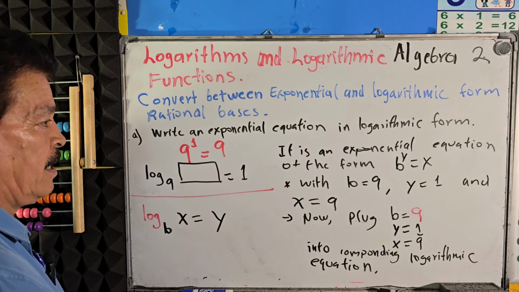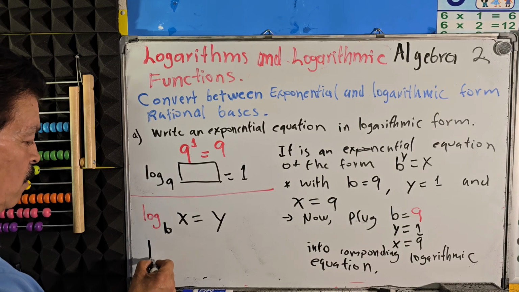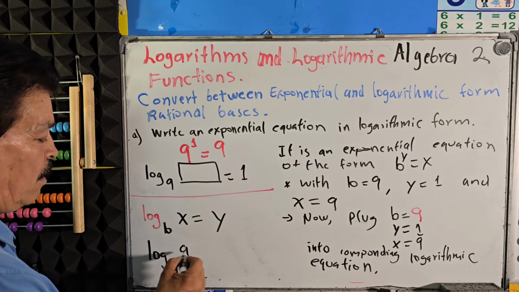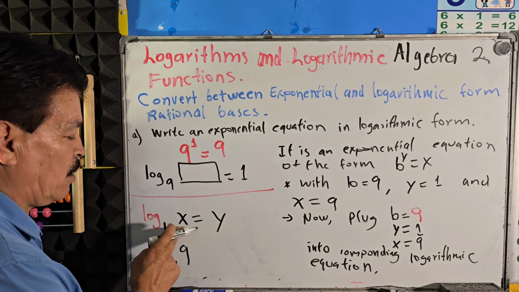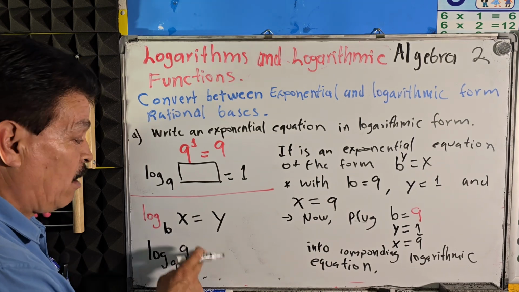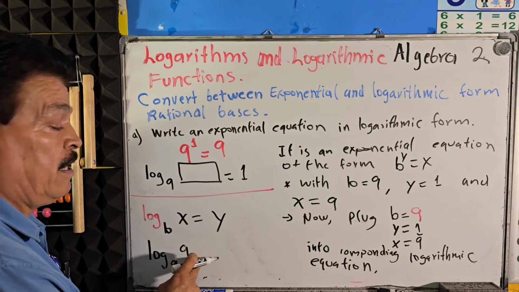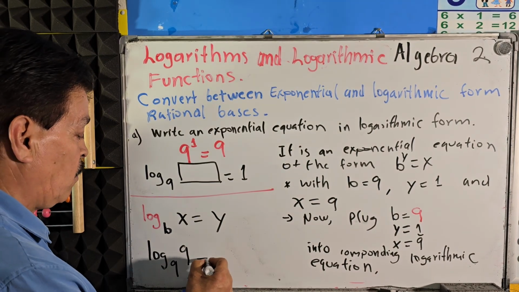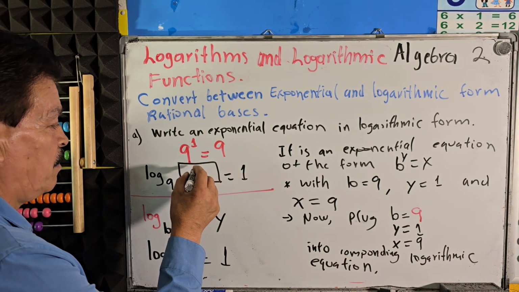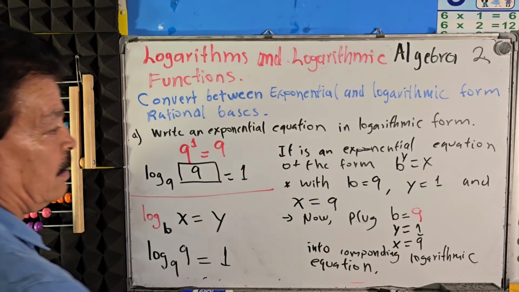So write the formula that I explained before. Now we will have log of x with the base b equals y. So how much is x? x is right here, equals 9. The logarithm of 9 with the base 9 equals 1. So the number missing here is 9.